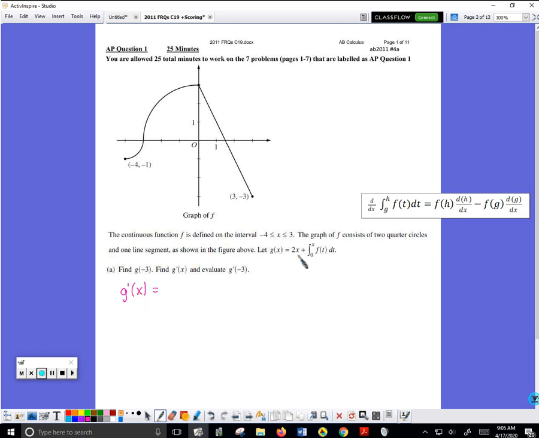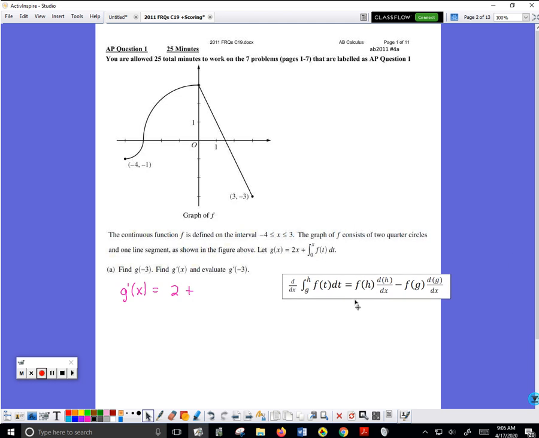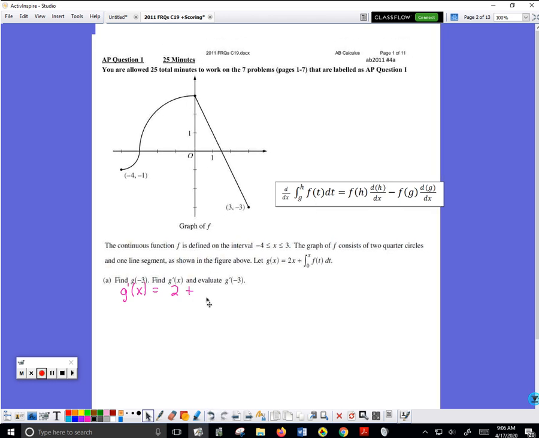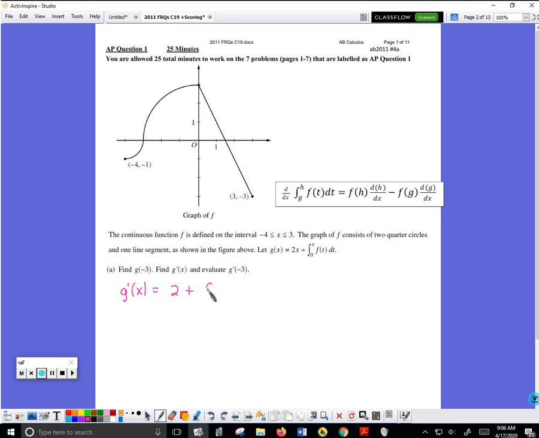The derivative of this would be 2, plus, to find the derivative of an integral, we'll use this formula. So f is f, the upper limit is x, lower limit is 0. So I get f of the upper limit, which is x, and then d over dx, because I'm taking the derivative of g, whose input variable is x.